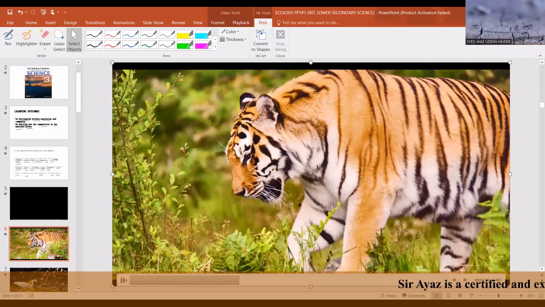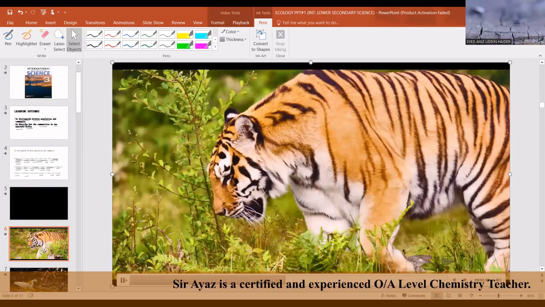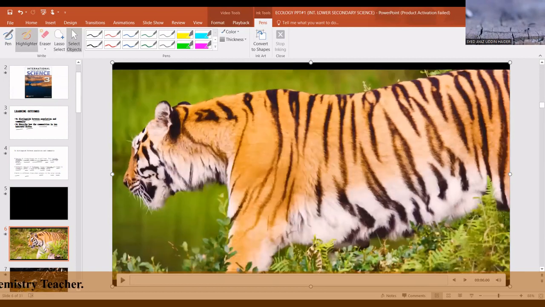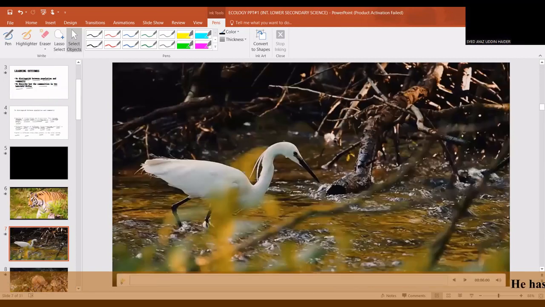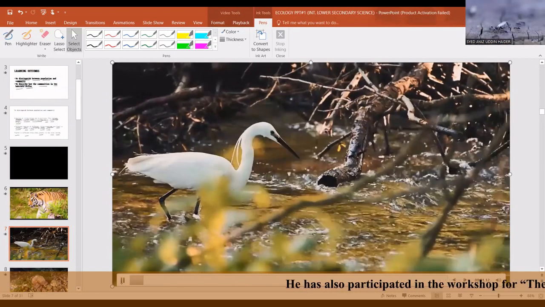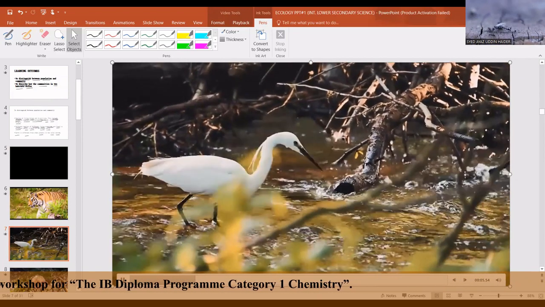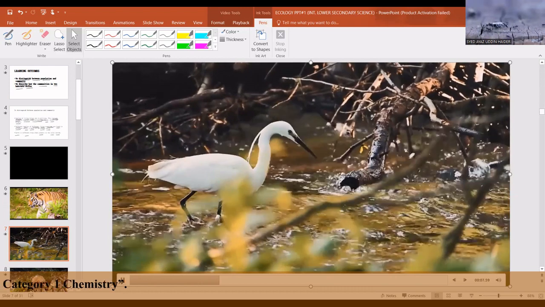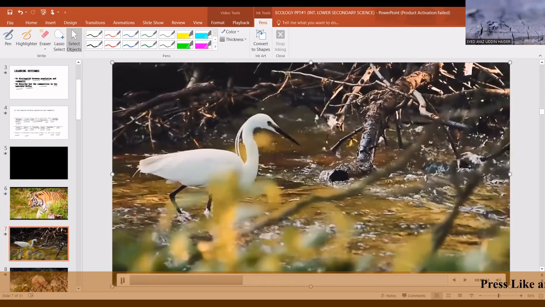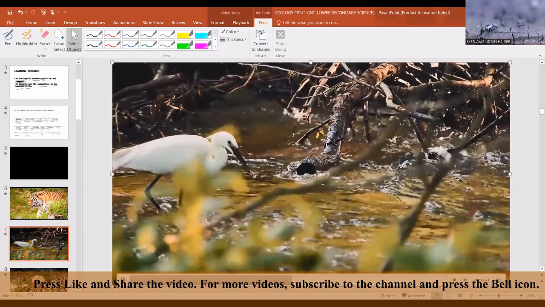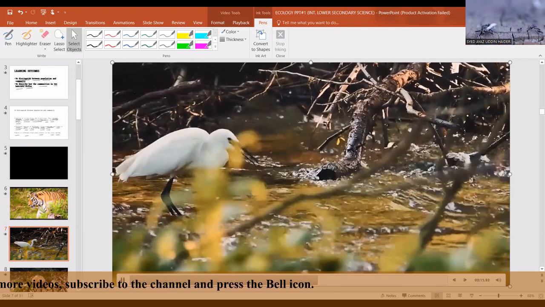This is another example of an animal, a tiger, which is found in grassland. This is a bird, a kind of heron or stork hunting fish.